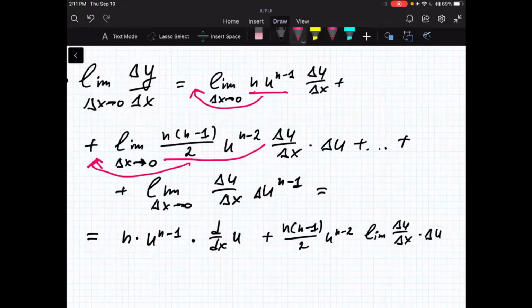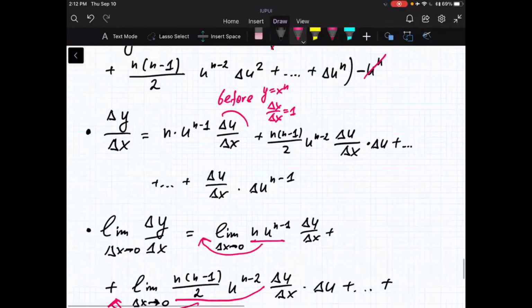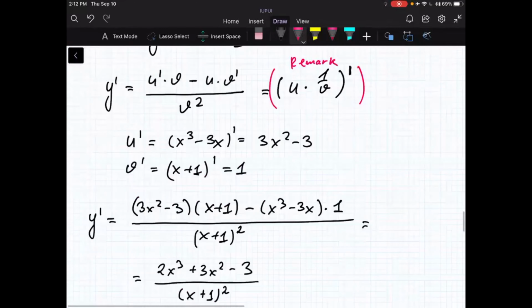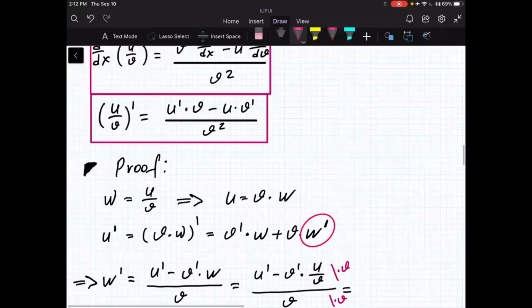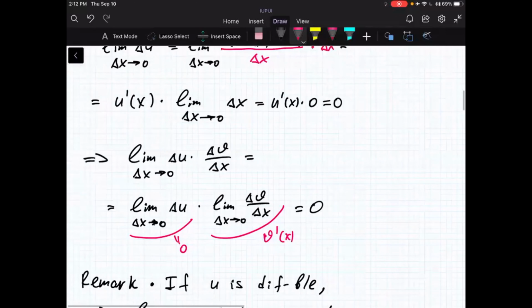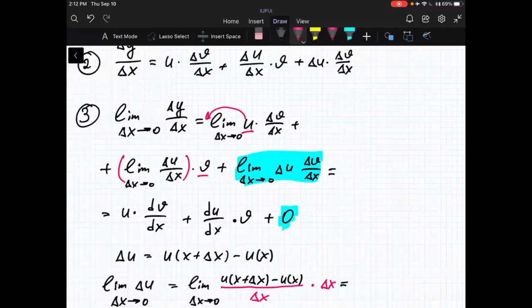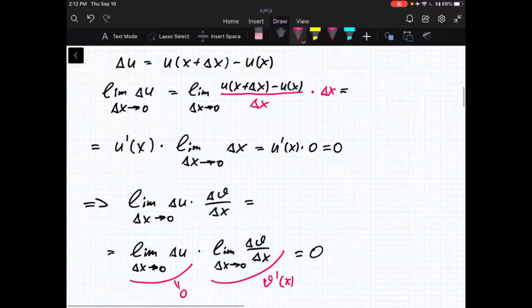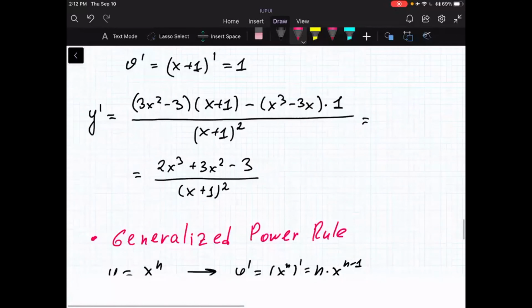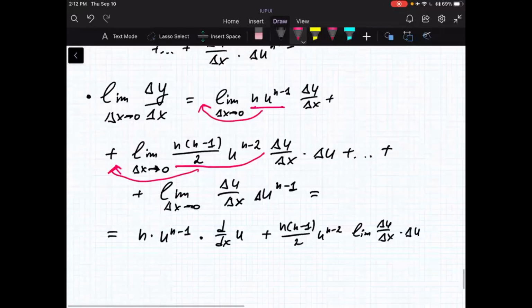But this is the same as we just discussed for the product rule. We have seen such an expression, delta u times delta v over delta x, and we proved that it's 0. The same story happens here, because this is u prime times the limit of delta u when delta x goes to 0.